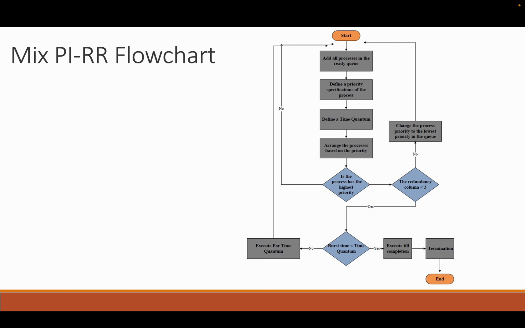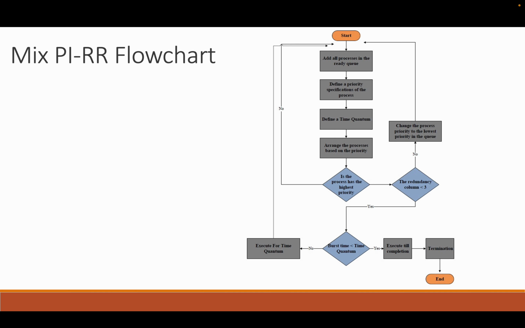Next, the algorithm checks whether the burst time or the time quantum is greater. If the burst time is less than the time quantum, the process can finish its execution. If the current process can complete within a time quantum, it is allowed to run to completion. Otherwise, it will be swapped.